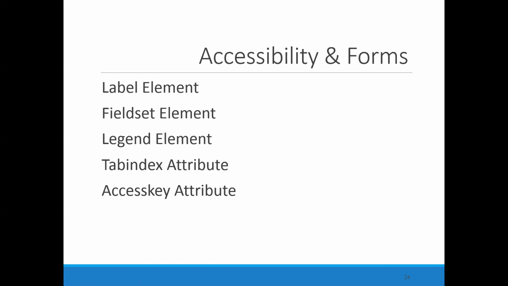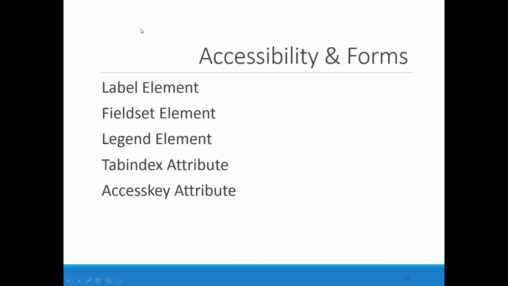I can collectively group those features together in some type of logical collection. That's called a field set. I can even put a legend around that grouping of form controls. And then I can define hotkeys with my access key attribute, and I can define the order in which my form fields are visited every time the user presses the tab key on the keyboard rather than mousing around.